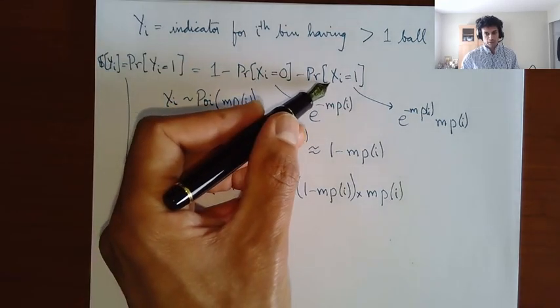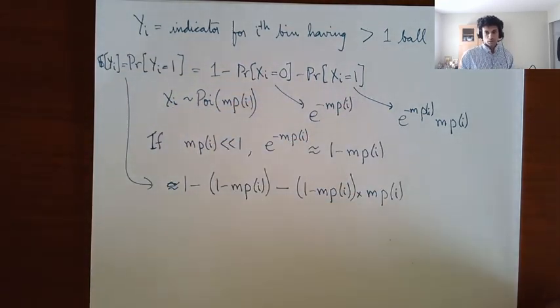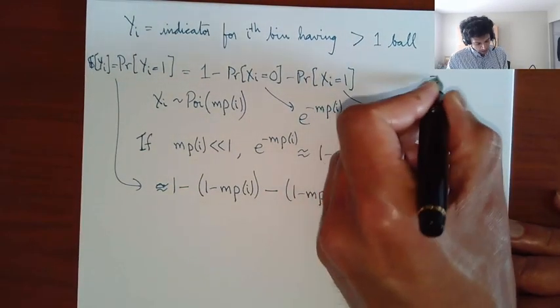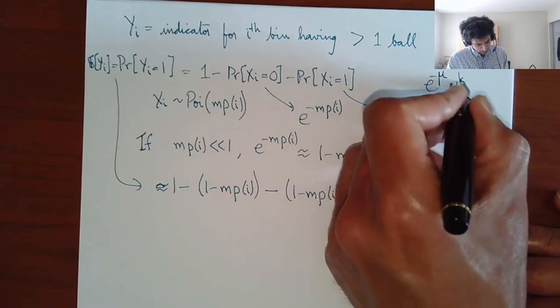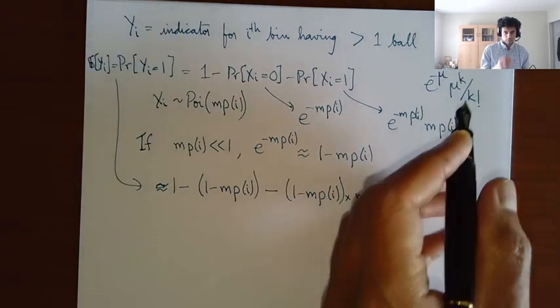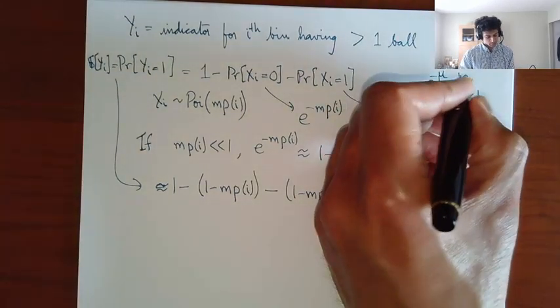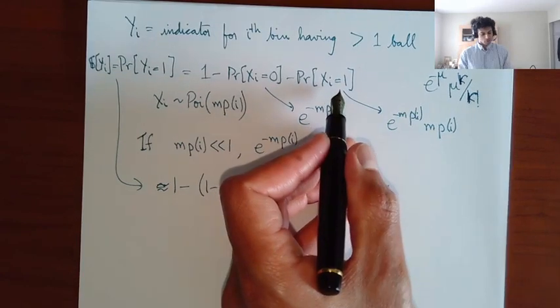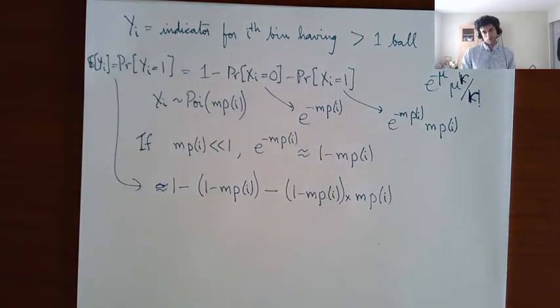The probability that it's equal to 1 is e to the minus MPI times MPI. Just to recall that in a Poisson, your probabilities look like that, right? Maybe I shouldn't use k because I used k for something else, so use r. So r would be equal to 1 over here, and r is equal to 0 over there.